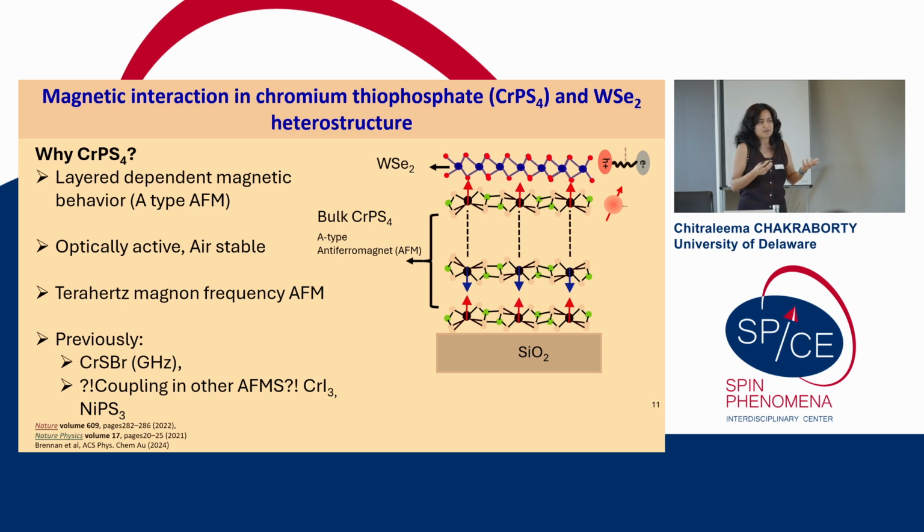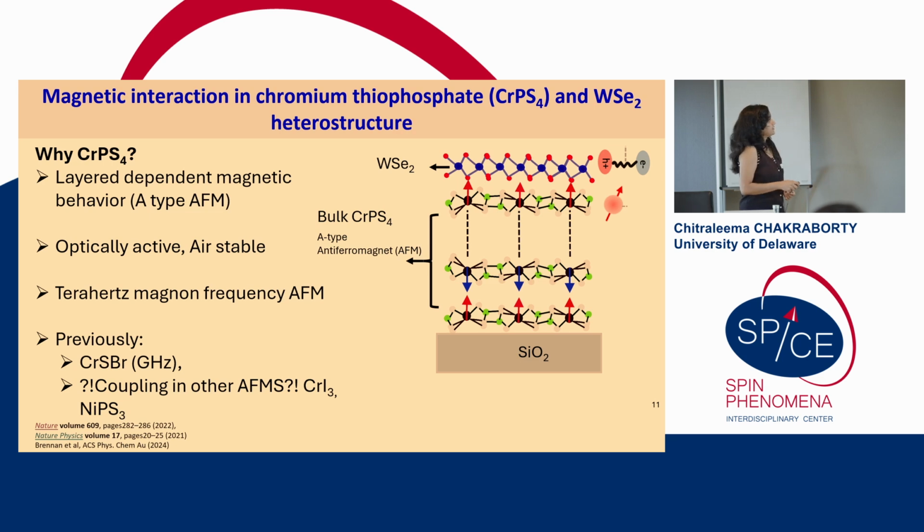They were basically comparing the differences of CrSBr with other A-type AFMs like chromium triiodide and NiPS3, and one of the differences is in the excitonic properties of CrSBr, which has very high delocalization of the excitons, and also the mobility in CrSBr is higher than in the other A-type antiferromagnets. So there is still some motivation to study excitons which provide this kind of delocalization like CrSBr, with the added advantage of mobility, which the other optically active antiferromagnets do not really offer.